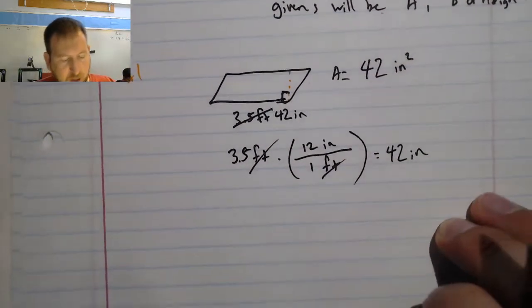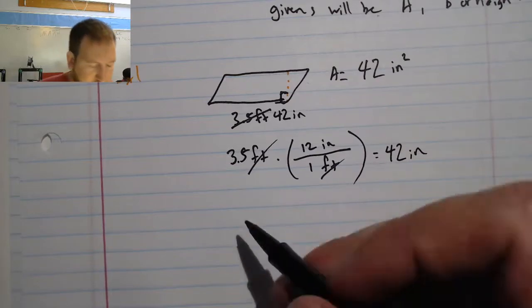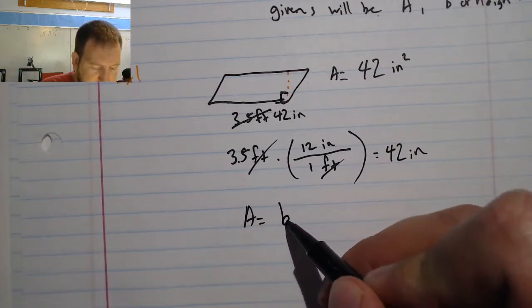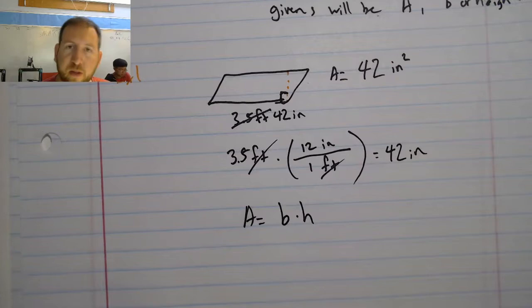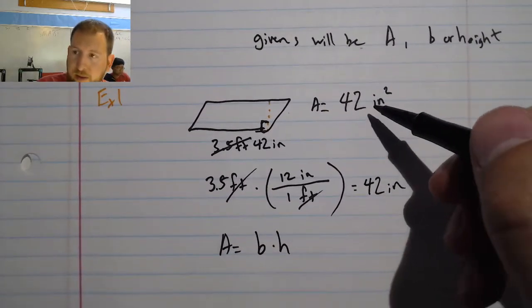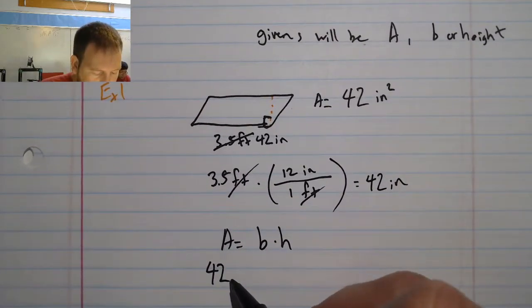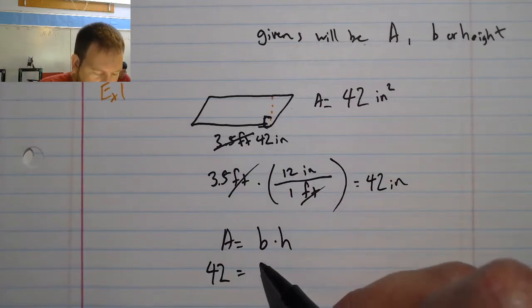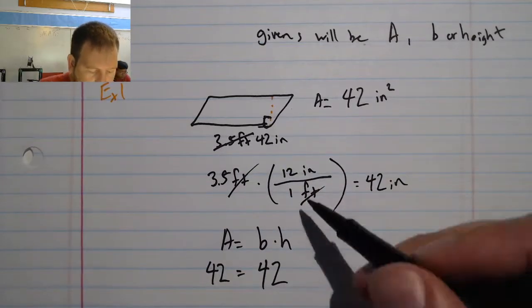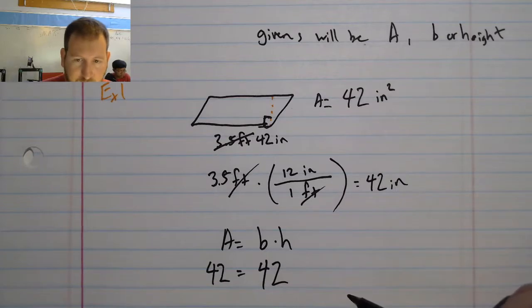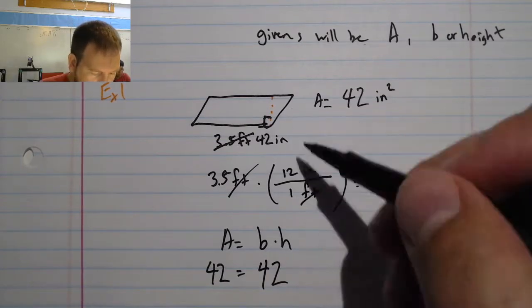Okay, now I'm going to use that formula that I used before. My area equals base times height. And then I'm going to substitute in the parts that I know. I know that my area is 42. My base is 42. And my height here is unknown.